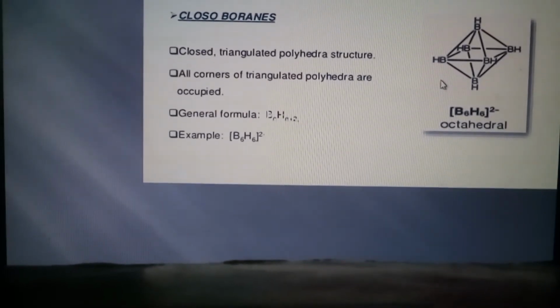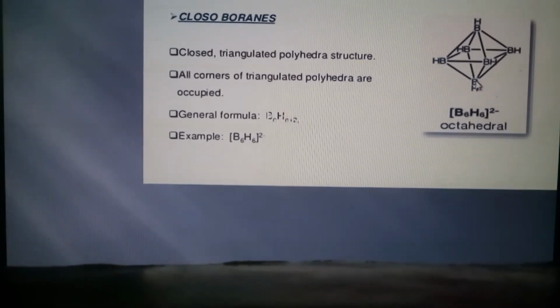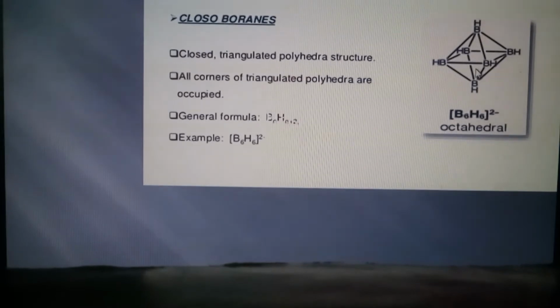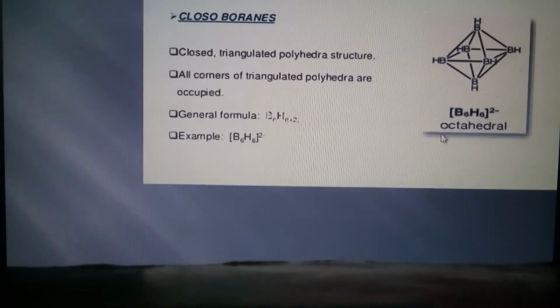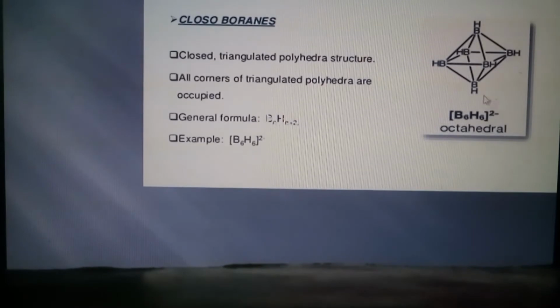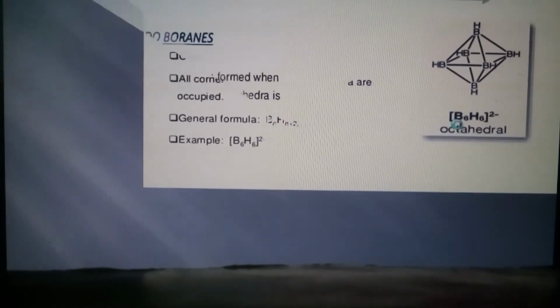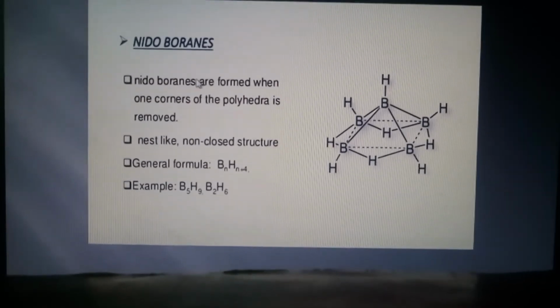All corners of the polyhedron are occupied by boron atoms. For example, B6H6 2-. We may represent its general formula as BnHn 2-.